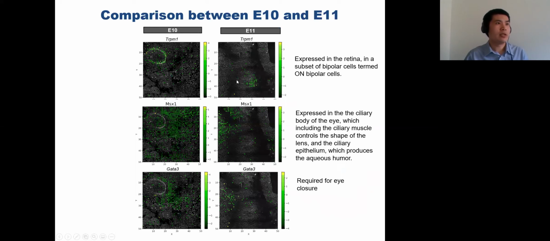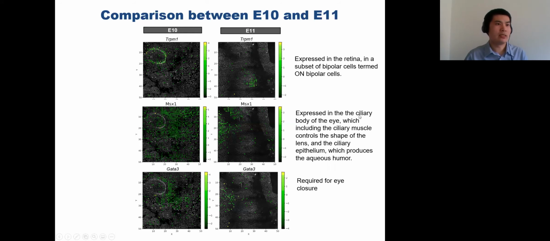And we are also able to compare the eye region between the E10 mouse and E11 mouse embryo. So basically at E10, the TRPM1 gene is showing a very good line with pigment cells, and TRPM1 also shows good expression around the retina. And here is another gene called MSX1.